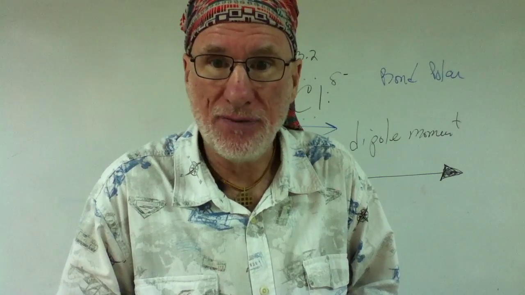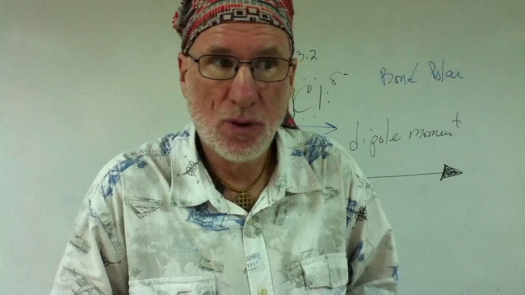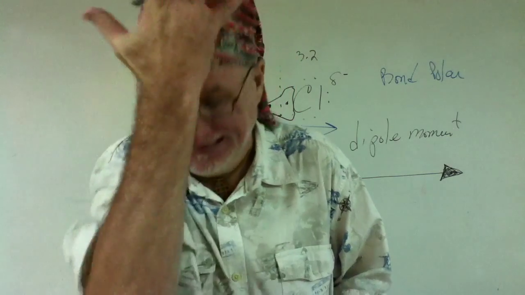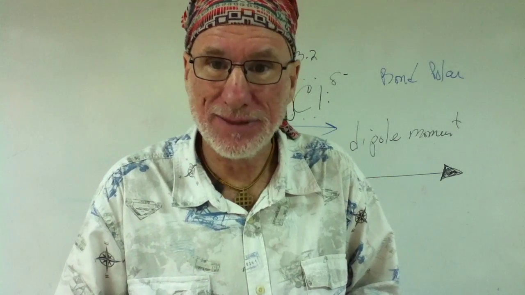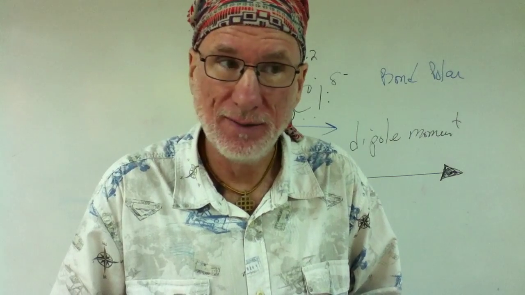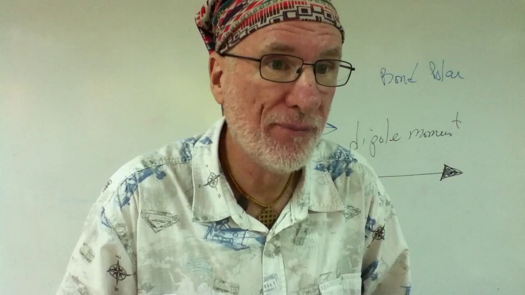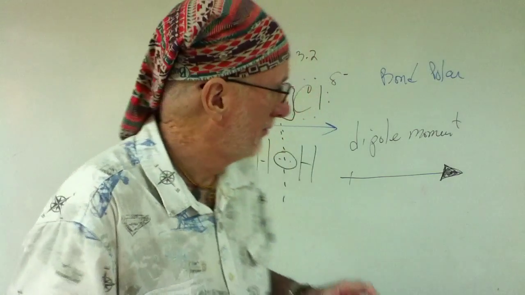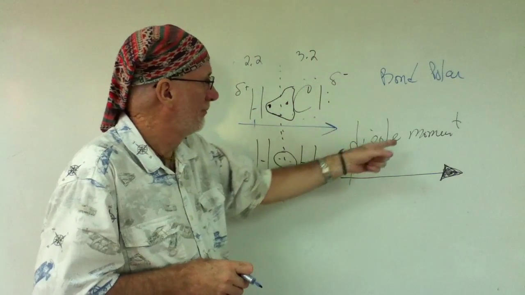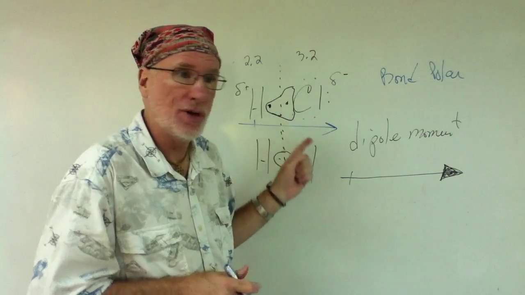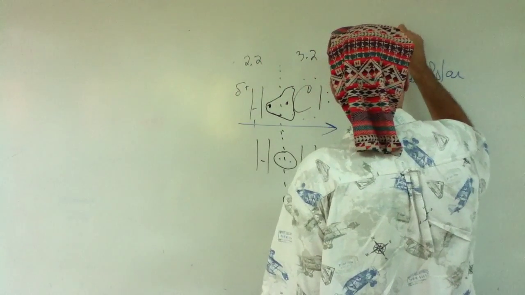What's protein made of? Amino acids. What are amino acids made of? Atoms that have a geometry. That geometry can give rise to what? Polarity.